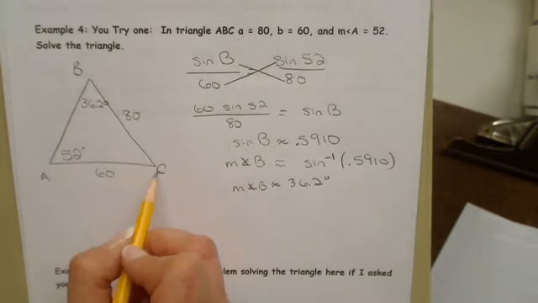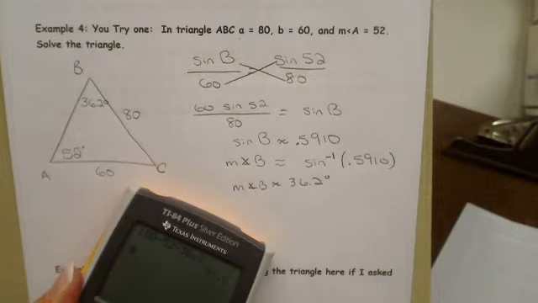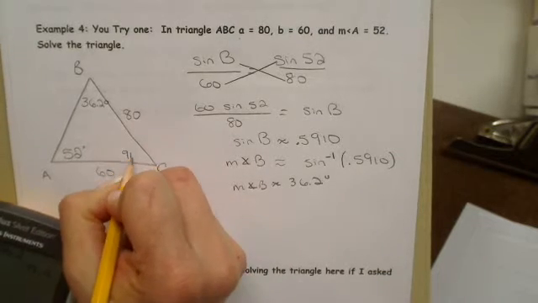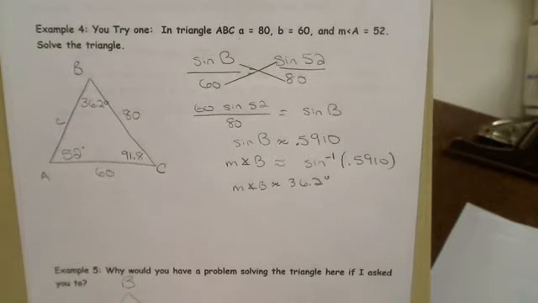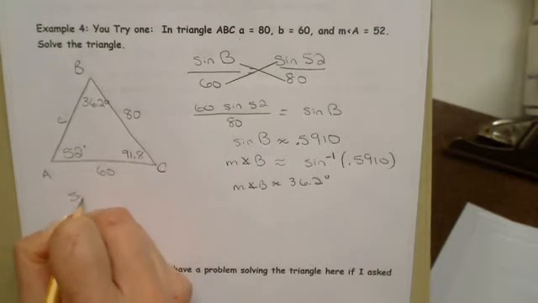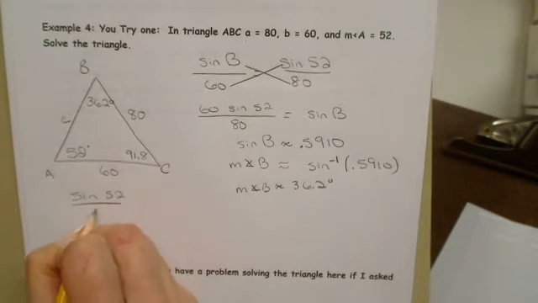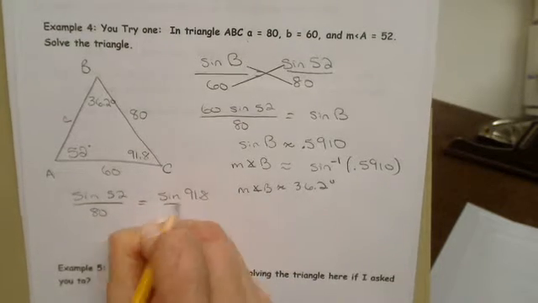So to get angle C, we'll just subtract from 180. 180, subtract 52 minus 36.2. We get about 91.8, very close to being a right triangle here. So now I only need to solve for c to get the triangle all solved. So I'm going to set up another law of sines. Sine 52 over 80, sine 91.8 over c.